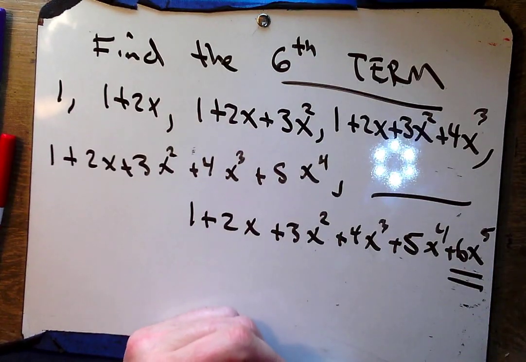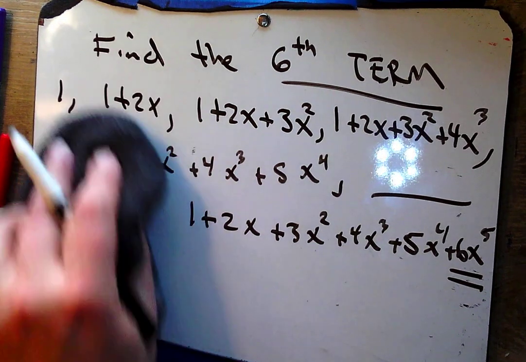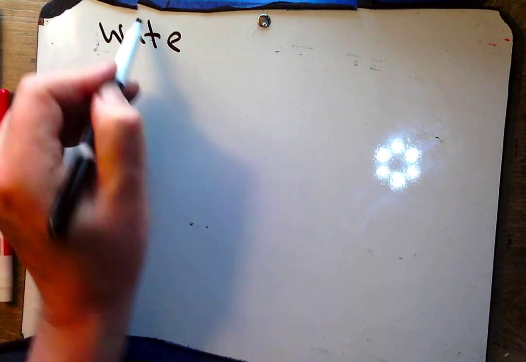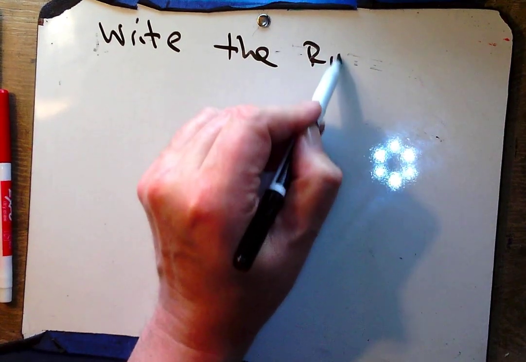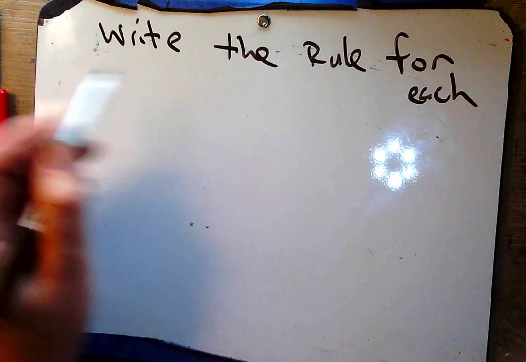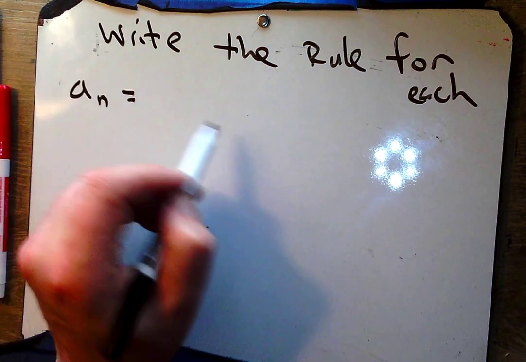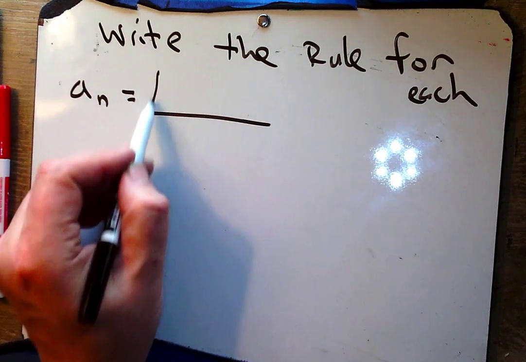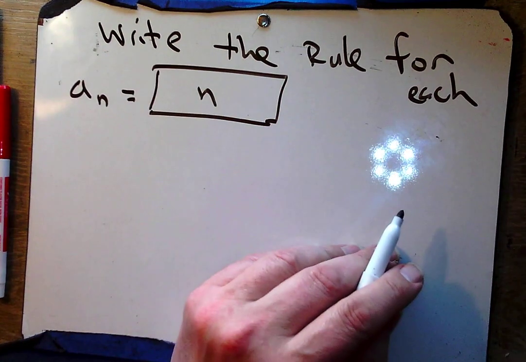Cool. Good job. Okay. So there's a lot of thinking about number patterns in this unit. But we'll start gentle. Write the rule for each. And when we do a rule here, I'm saying a sub n equals, and I'm expecting something over here involving n.